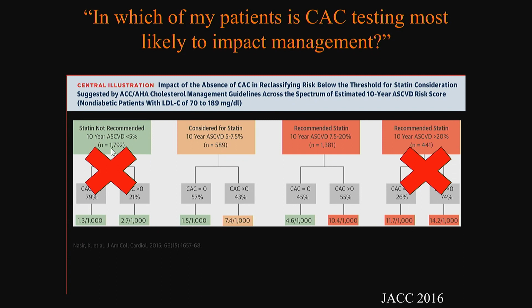So both in these very low risk and in the high risk individuals, the role of calcium scoring really does not exist. On the other hand, the patients that have a risk score anywhere between 5% and 20%, those are the ones that if the calcium score is 0, the risk is reclassified low enough that we may choose to avoid statin therapy and instead focus on lifestyle therapies.